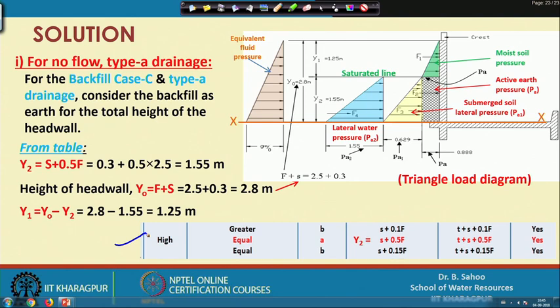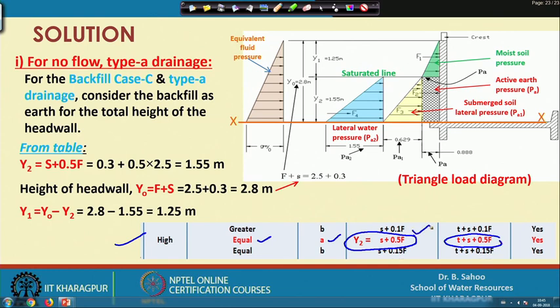Here I have to design for equal permeability condition, drainage type small a, and in this case for no flow condition I am getting y 2 equal to s plus 0.5 f, and this is for full flow condition. So, I have to use the value of y 2 equal to s plus 0.5 f.